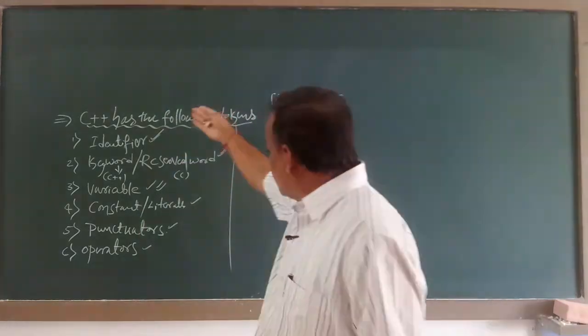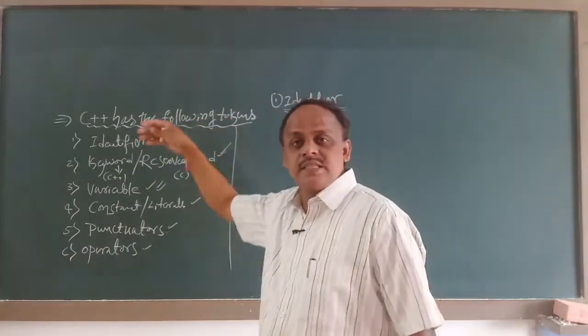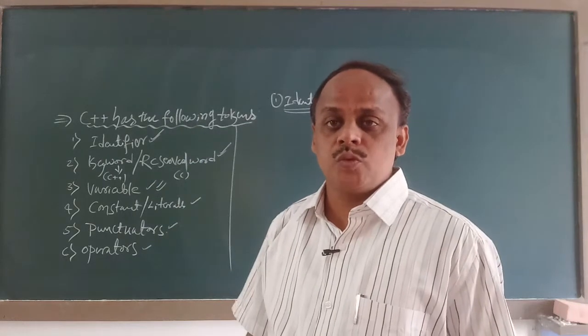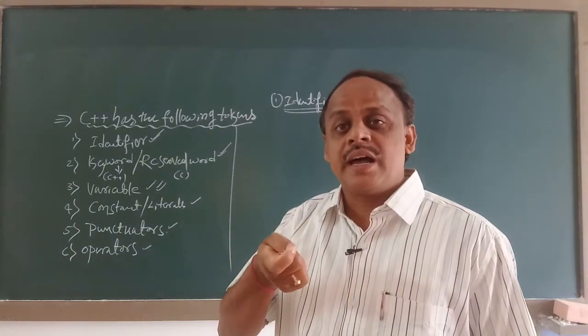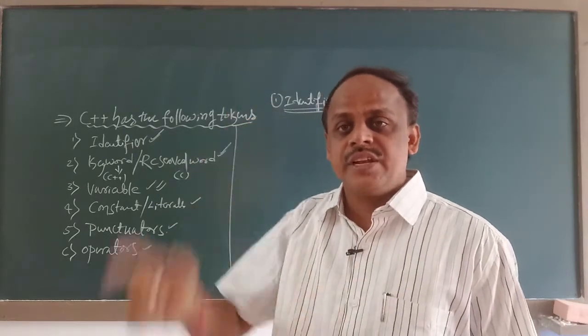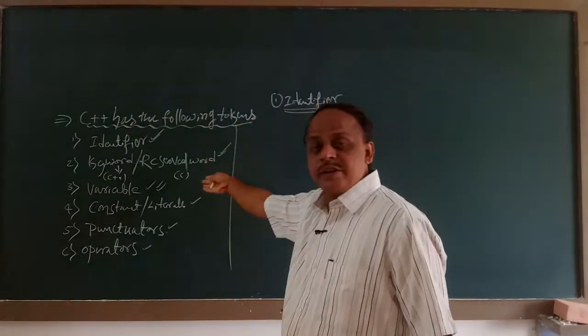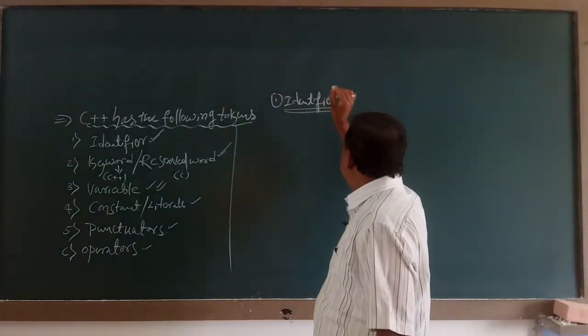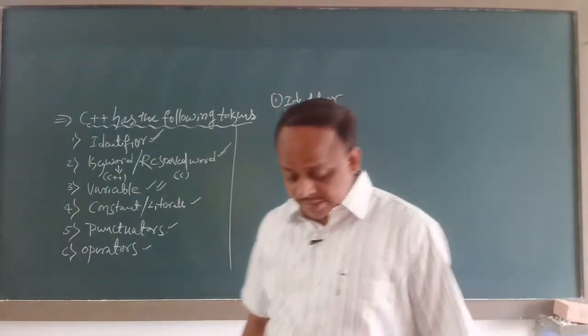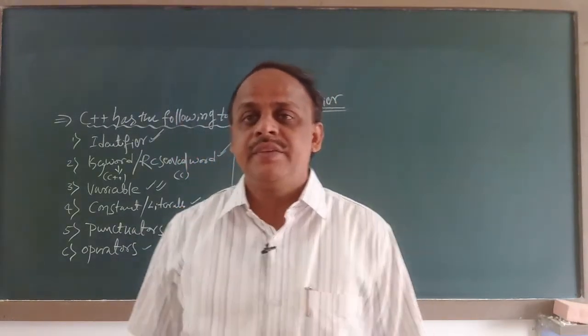If you just write that a keyword is one of the C++ tokens, you are not going to get the mark, because any one of these six is a token of C++. So whenever a question is framed for 1 mark, we have to write the exact definition of that particular token. Now let us see what is meant by an identifier.